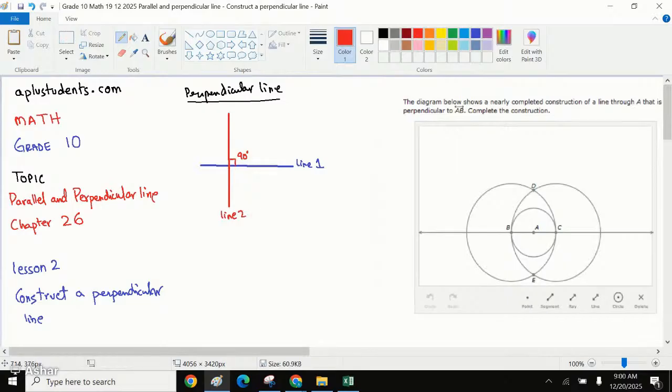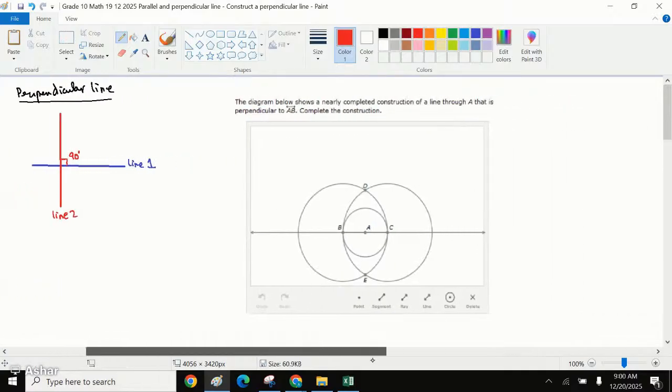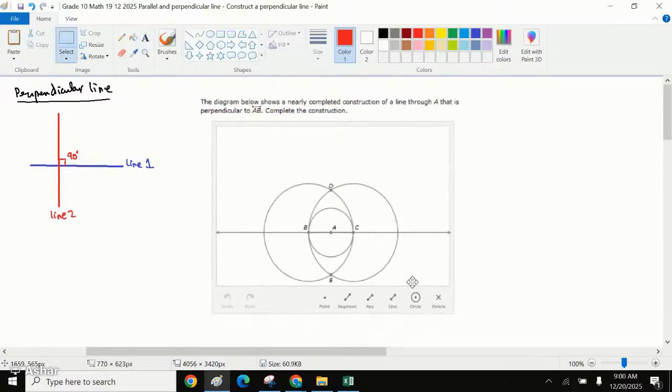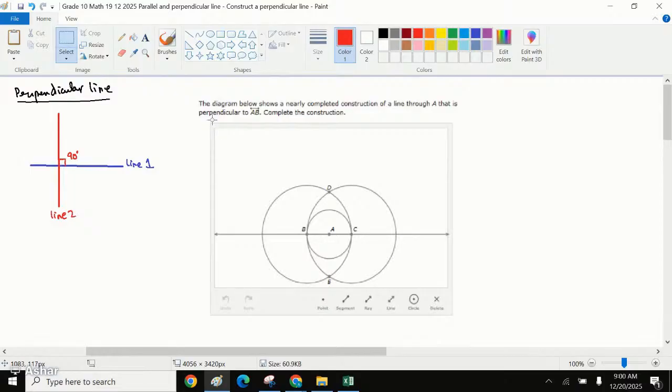Okay. The question says, let's try the question. In the diagram below, we have the question over here. Okay.